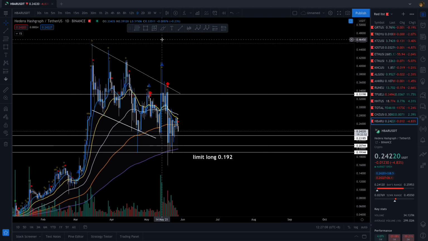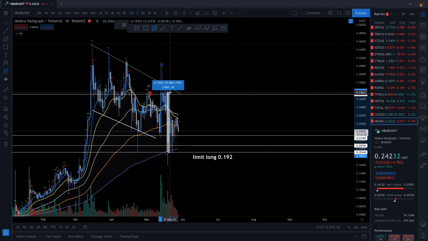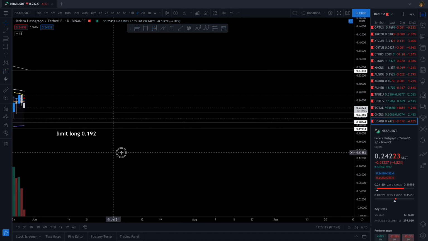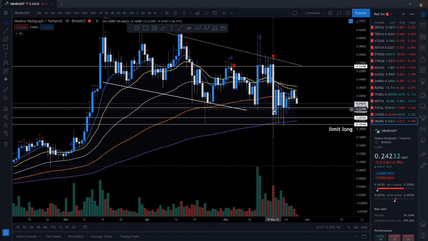I didn't check back on it until recently I found that we made almost 80% off of this limit. Look at this. Ignore this, I believe this was during the flash crash. But yeah, this was when I called it, when H bar was around here, back in late April.